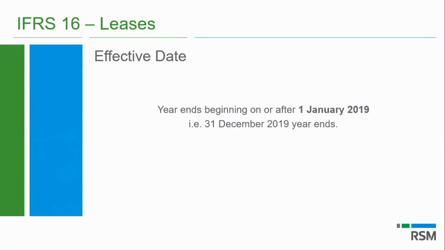Anybody preparing IFRS financial statements will know that there is the new standards and interpretations disclosure that we've got to include, and we've got to disclose the impact IFRS 16 is going to have in that note to the annual financial statements for December 2018 already, or whatever year end you will be ending during the course of next year.